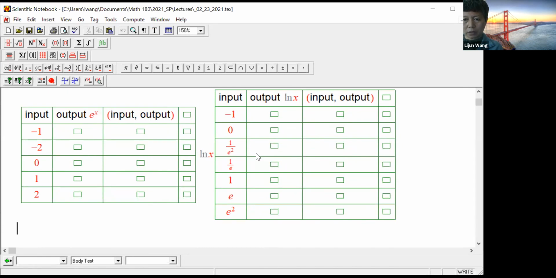And then you plot the points and connect the dots. Could you follow me? That's your homework for today. Compare with what we did for 2 to the power x and log base 2 of x. And that's all for today.